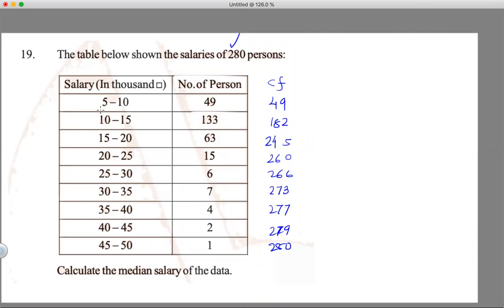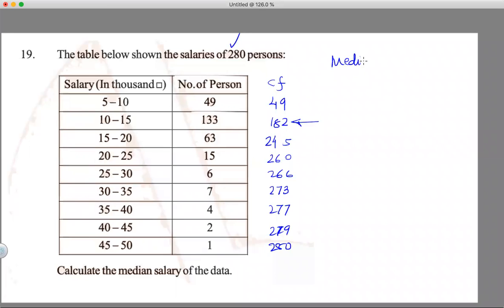Okay, अब कौन सी हमारी मीडियन क्लास है? मीडियन क्लास, हाँ, जहां पे 140 आ रहा है, राइट? तो 140 कहाँ पे आ रहा है? 10 to 15 वाली होगी। हाँ, तो ये जो है 140 यहाँ आ रहा है हमारा। तो our median class is 10 to 15.